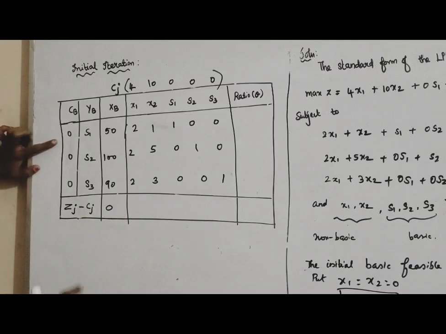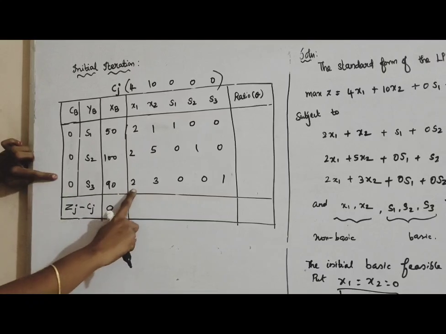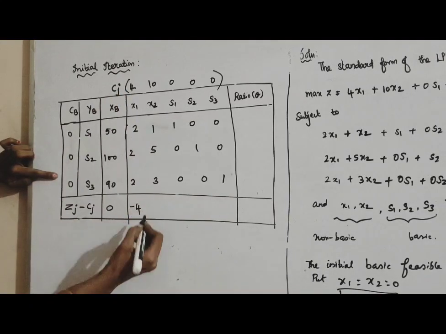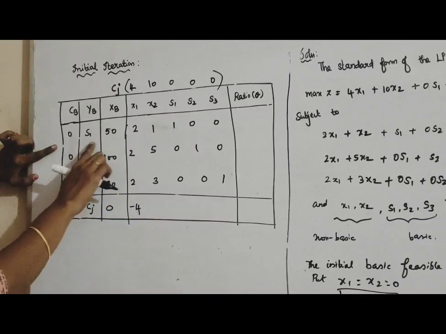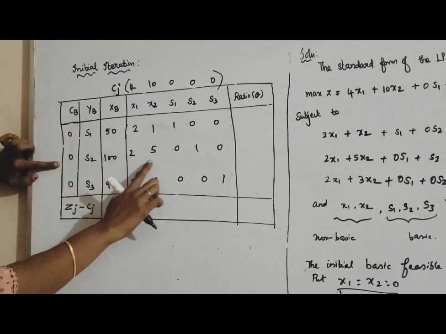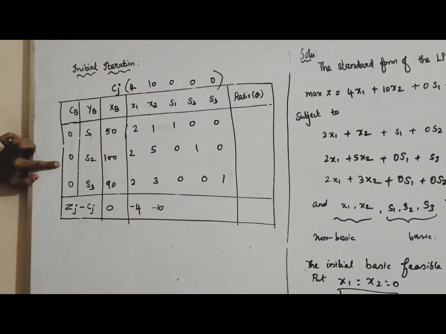And for the x1 variable, 0 into 2 plus 0 into 2 plus 0 into 2, that is 0, minus the Cj, that is minus 4. And for the x2 variable, 0 into 1 plus 0 into 5 plus 0 into 3, that is 0, minus 10, so you write minus 10 here.